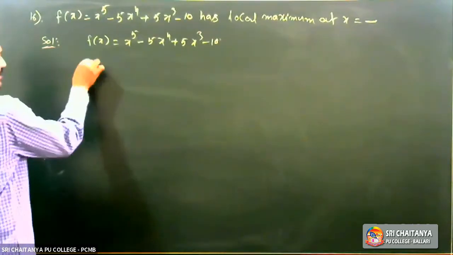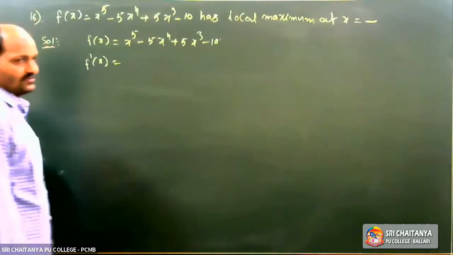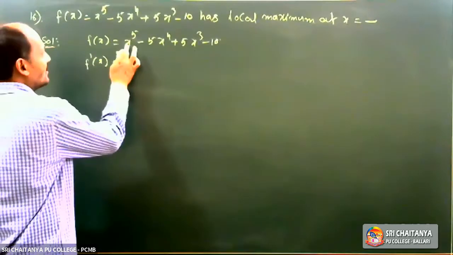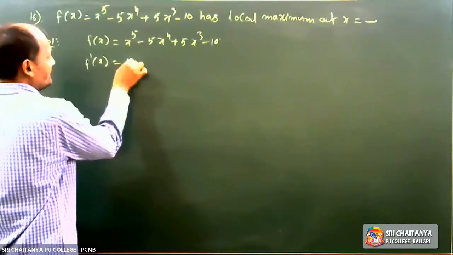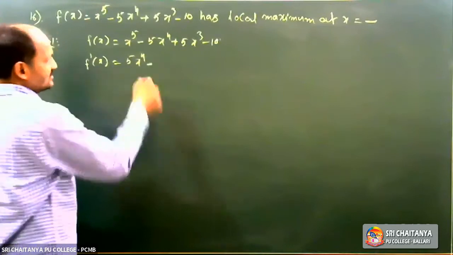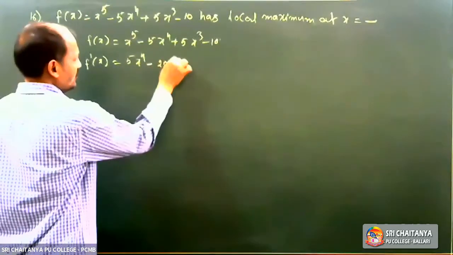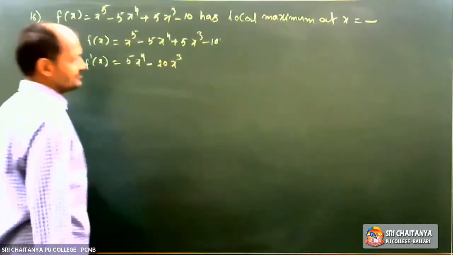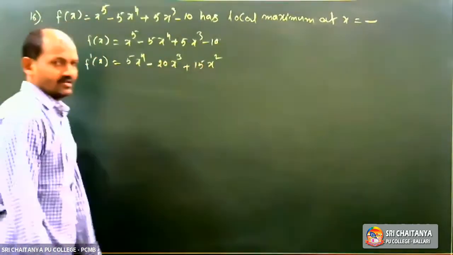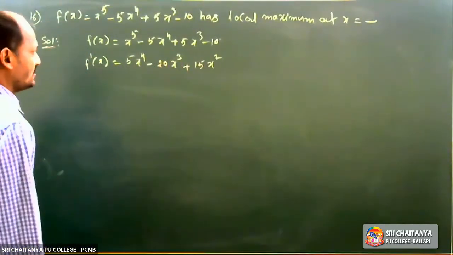F dash of x, the first derivative of the given function: derivative of x power 5 is 5x power 4, minus derivative of 5x power 4, which is 20x power 3, plus 15x square. Derivative of the constant minus 10 is 0.